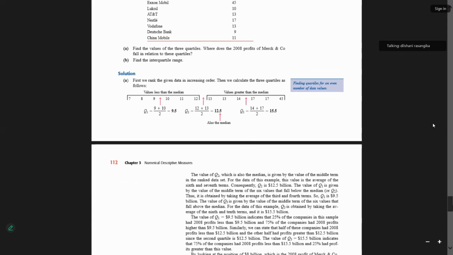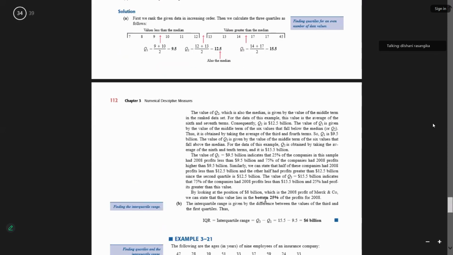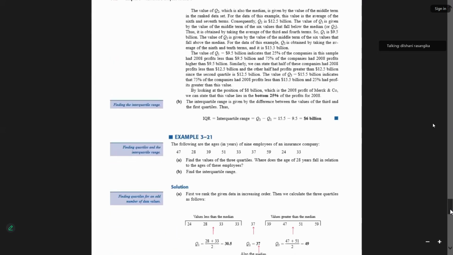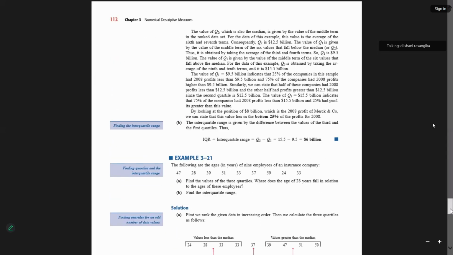Here it is mentioned: interquartile range equals Q3 minus Q1. For this case, Q3 equals 15.5 and Q1 equals 9.5. Then you have the interquartile range as 6. It's very simple. Okay, there's another example here.